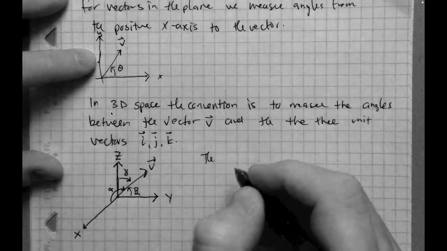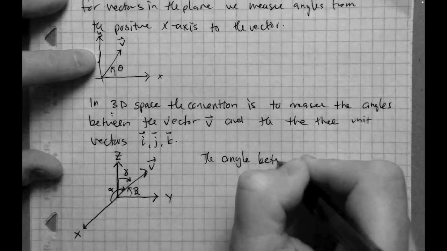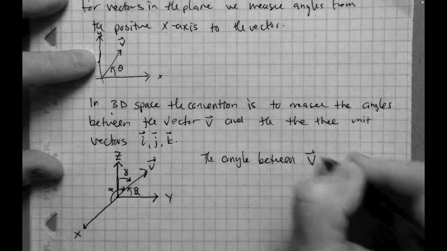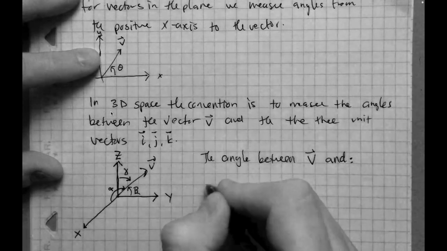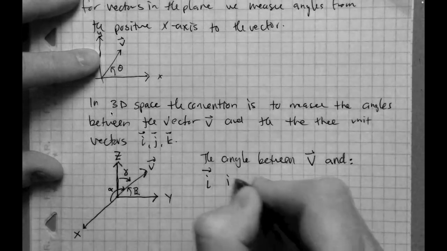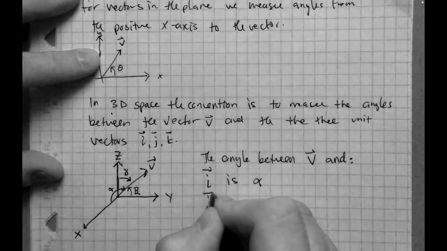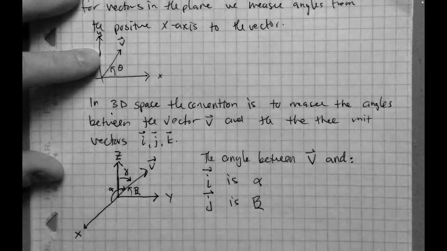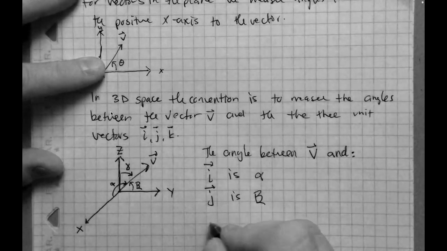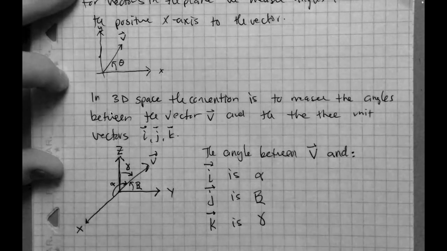Let's summarize that. The angle between v and i is alpha, v and j is beta, and v and k is gamma.